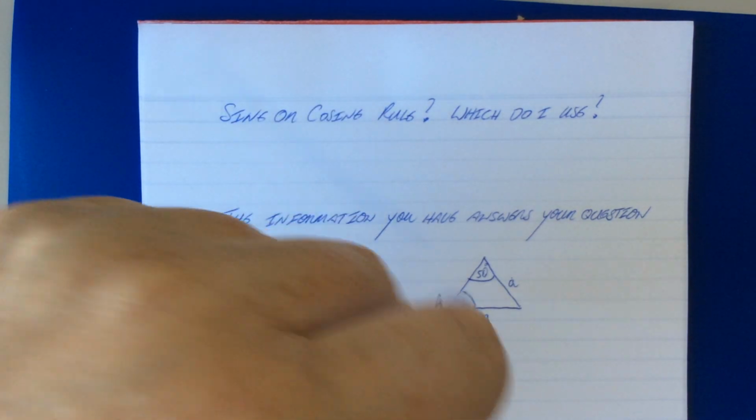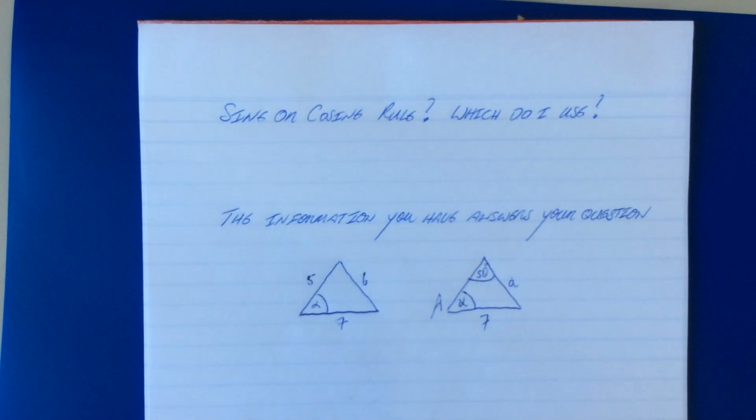Now, there are various permutations of these that I could go through, but in order to keep this from being overly confusing and from being longer than it needs to be, the answer is that it depends on the information that you get given.